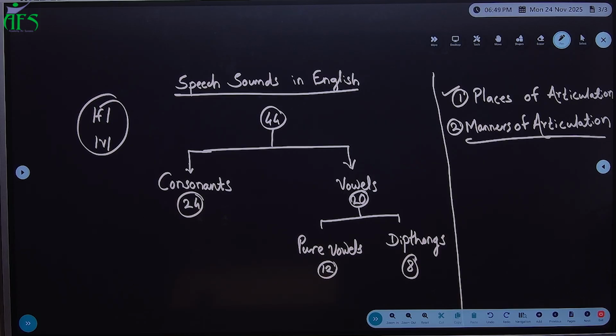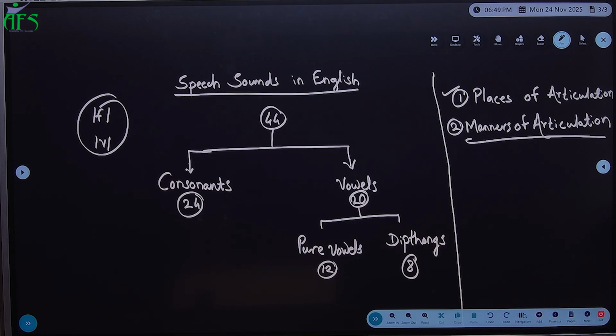This leaves a narrow passage open, and the airstream is forced out through it, creating turbulence or a noisy sound. This release of turbulent airflow is called friction, right?